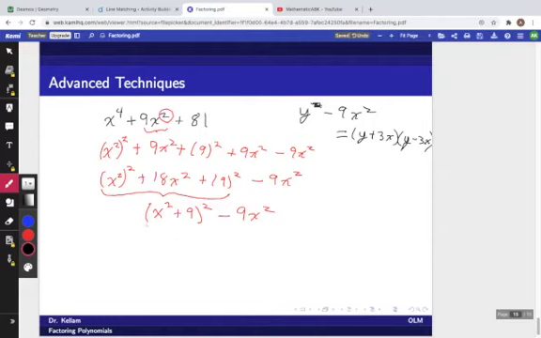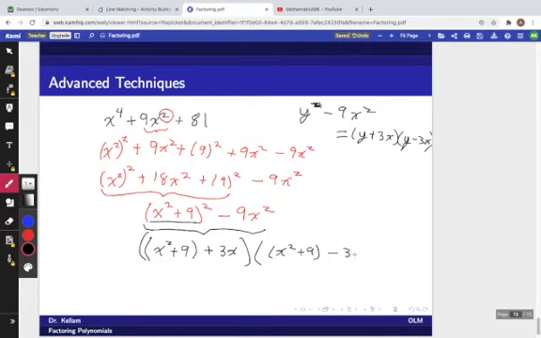So we can use the difference of squares, treating this as one term, to factor this, and it would look like x squared plus 9, plus 3x, times x squared plus 9 minus 3x.